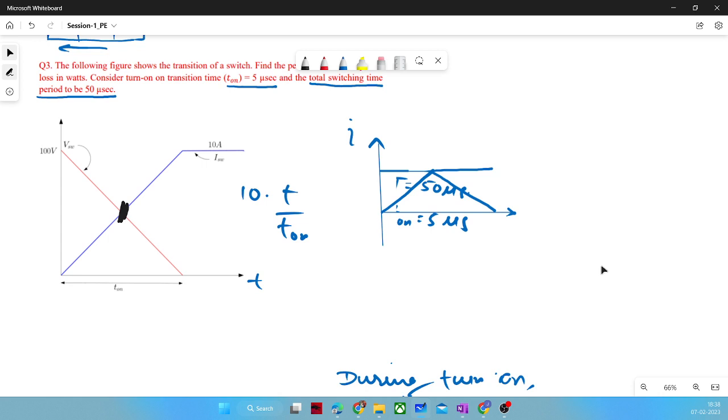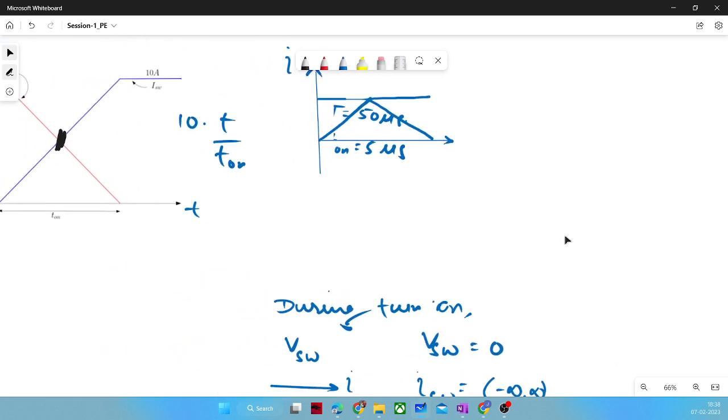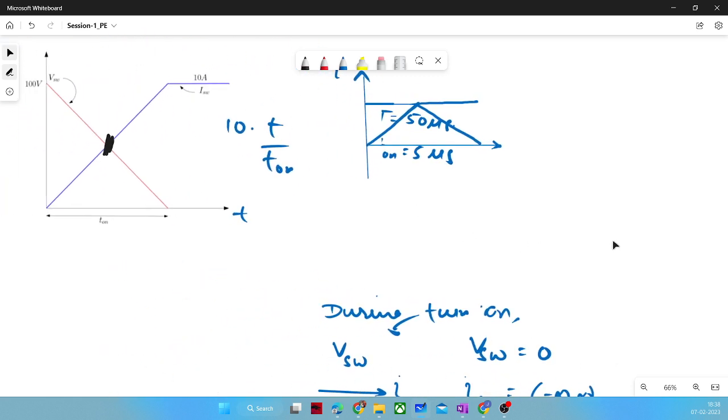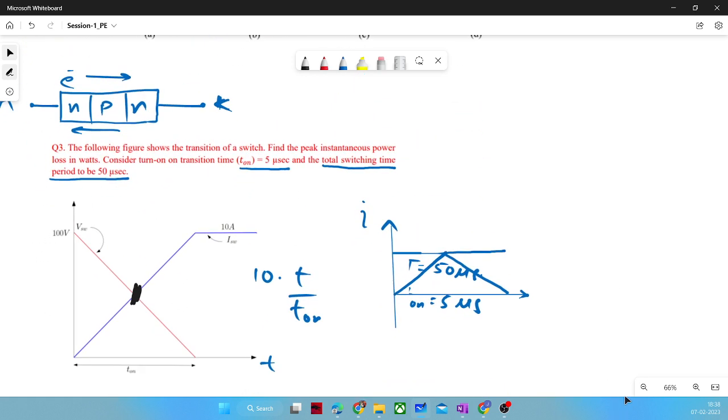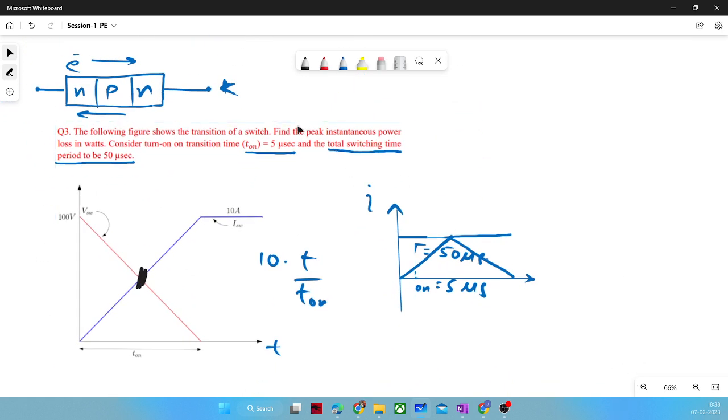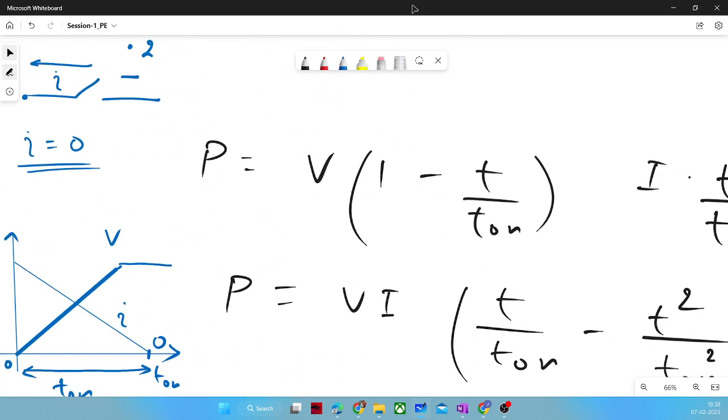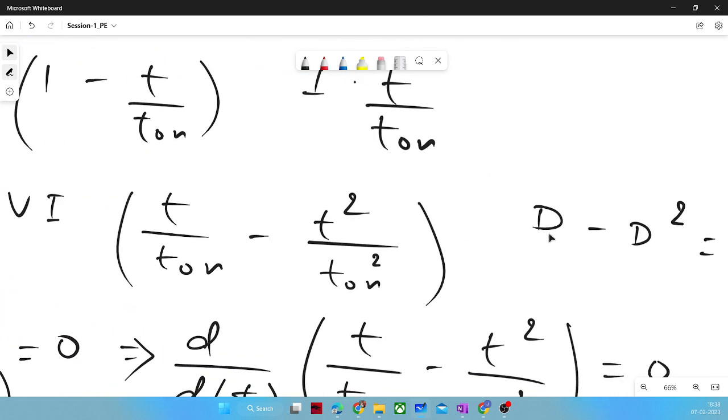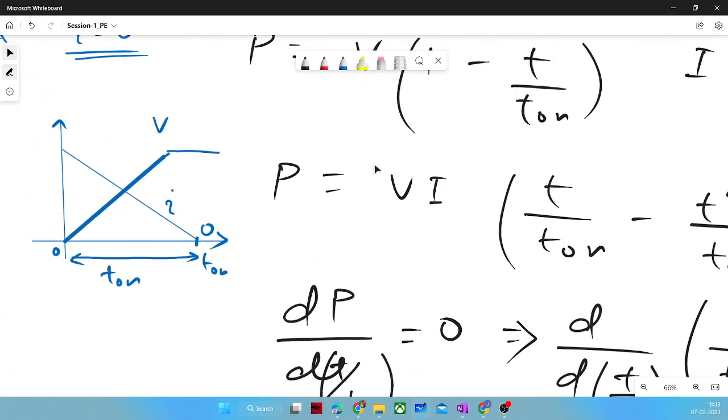Otherwise, you can also go with the general approach of the power expression and plug in those values. But the better approach is to write the expression of both voltage and current, differentiate it once with respect to the variable, and you will get the exact point. So we got the instant where peak instantaneous power loss will occur, that is t on by 2.